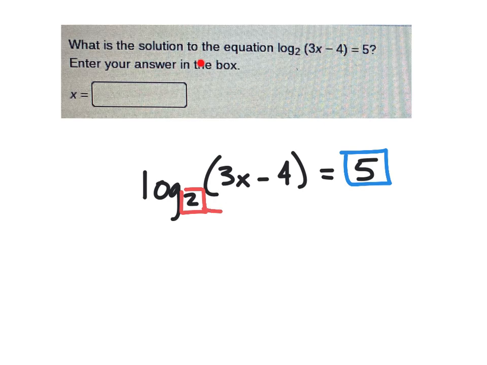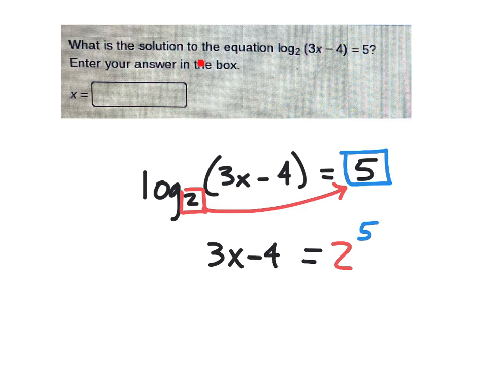So I'm going to take this 2, move it over to the other side, and I'm going to write 2 to the 5th power is then equal to 3x minus 4, and your log portion just goes away. So from this step to this step, you've gone from log form to exponential form. Now we just want to solve this equation for x.